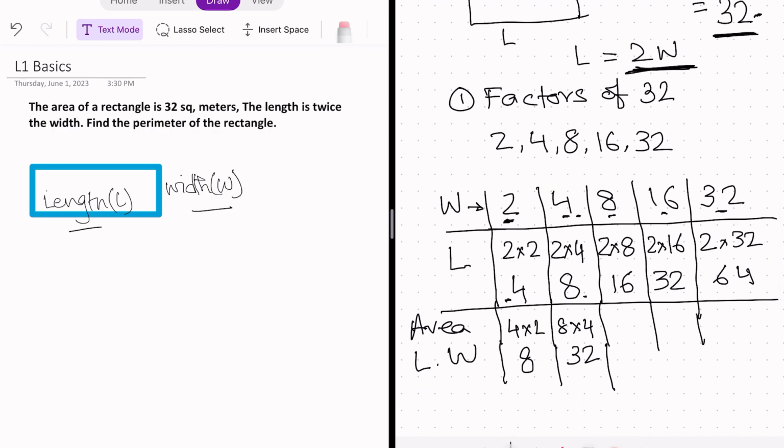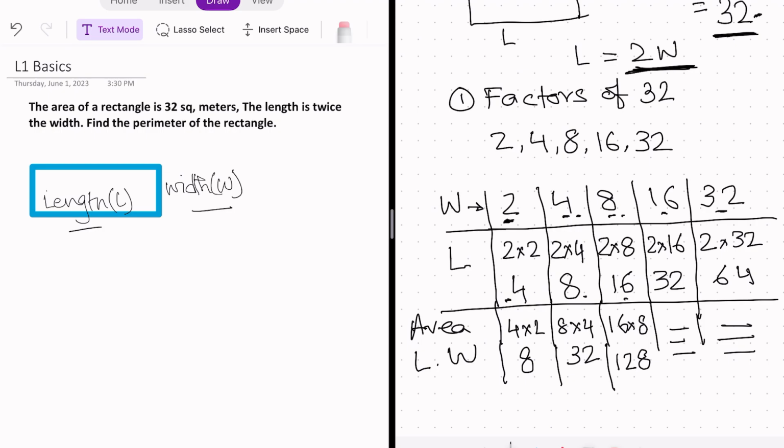Let's try the next one out, where length is 16 and width is 8. So it is 16 into 8, 128, which is more than 32. Because this number is more than 32, I know that any of these numbers would also be greater than 32.